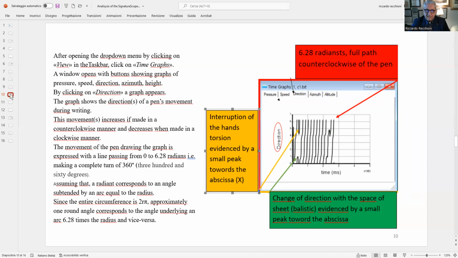It makes a complete turn of 360 degrees, assuming that a radian corresponds to an angle subtended by an arc equal to the radius. Since the circumference is 2πr, approximately, one round angle corresponds to the angle underlying an arc of 6.28 times the radius, and vice versa.